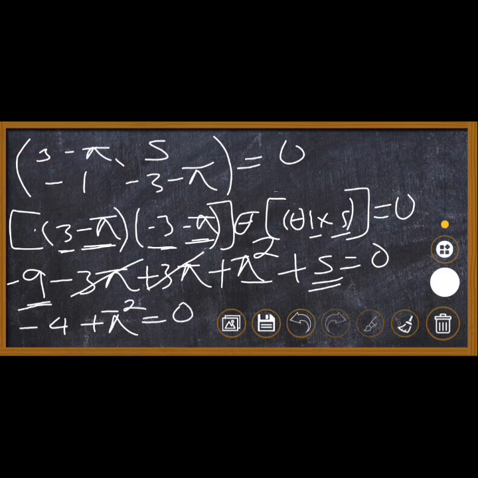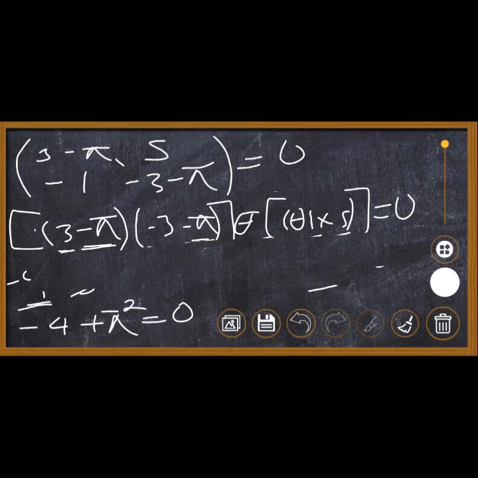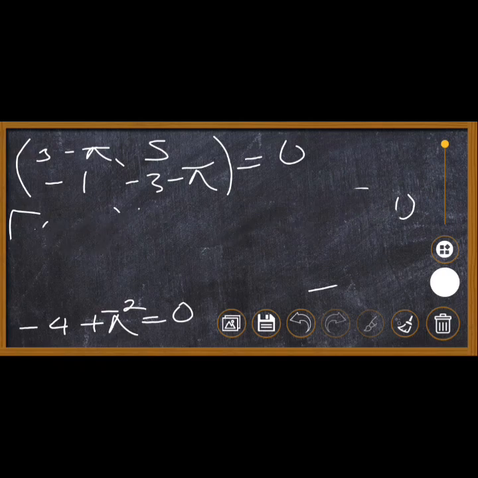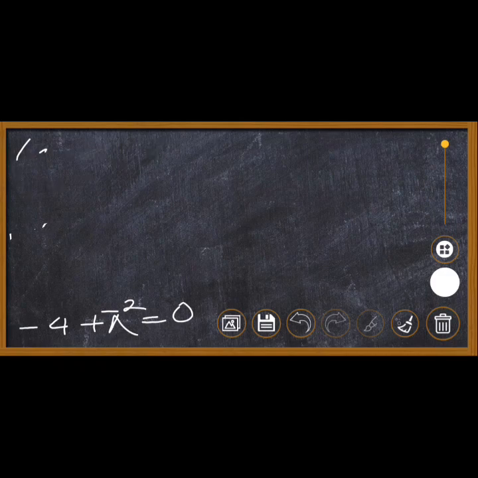So let's just create space on top there. What do you think is the best way of simplifying this expression? How can we find the values of pi since we have such kind of an expression? Well, in this case, of course, this is very simple. All we need to do is take 4 to the other side and then find the square root of the value. So when we take -4 to the other side, we are going to have +4.